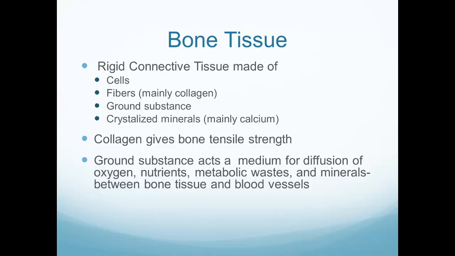There is a ground substance, which gives it more structure and hardness, and then minerals, mostly calcium, that make up this hard structure and give the bone strength and structure for the body. Collagen increases the strength of our bone, and the ground substance acts as a media for all of these different pieces.